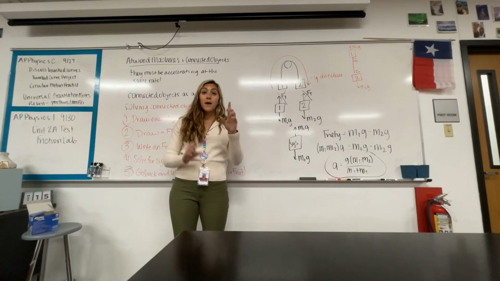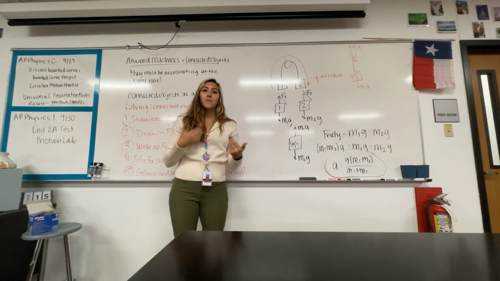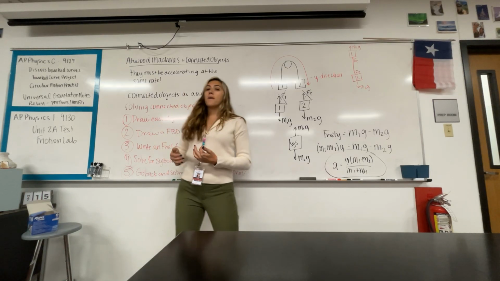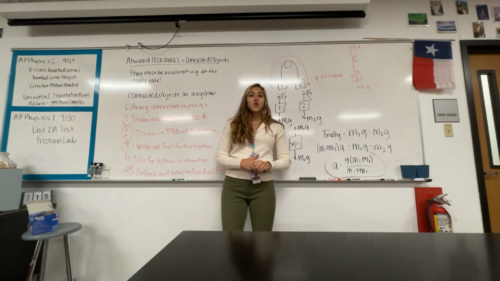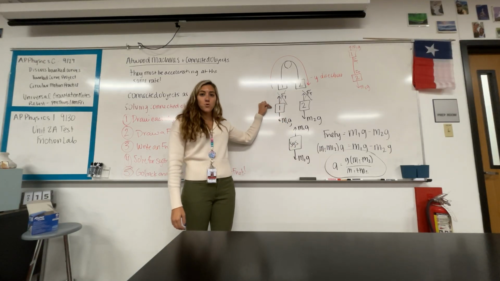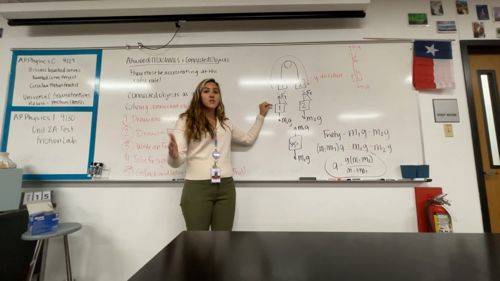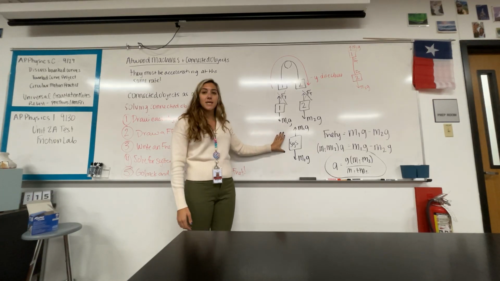I'm going to show you one modified Atwood machine, and then we're going to practice this in class. Remember these steps. I draw out the free body diagram for each individual object as needed. Eventually you'll get good at this and you'll be able to jump to here.